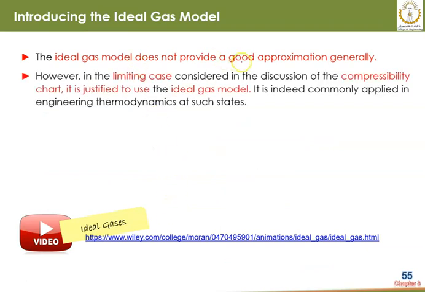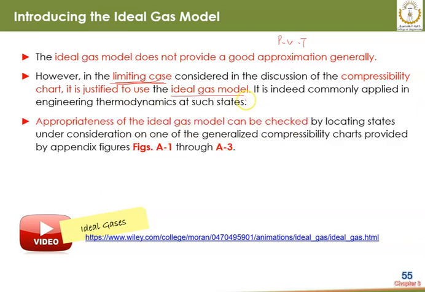The ideal gas model is an ideal model, so it doesn't provide the exact relation between the P, V, and T. But in limiting cases, and we'll see what we mean by limiting cases in a few minutes, the ideal gas model gives justified, good enough results.